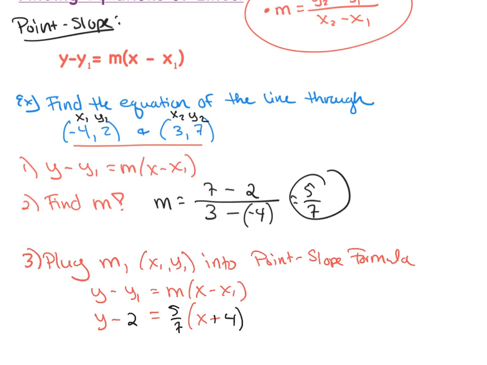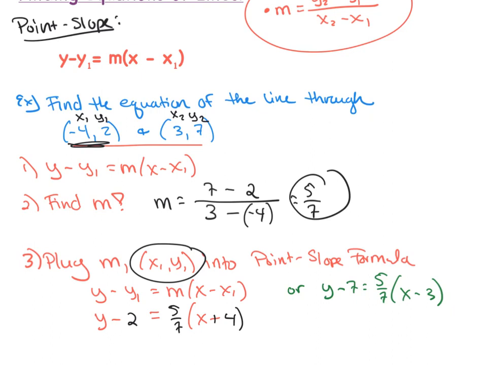Great. Now, incidentally, the x1 and the y1 here do not have to be exactly the same. So if you put y minus 7 equals 5/7 times the quantity x minus 3, you should still get the same answer at the end.